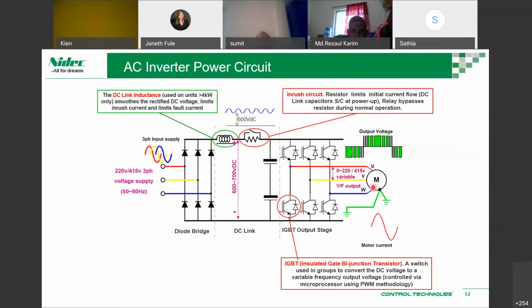But what you can do to make sure it's properly running is use an oscilloscope. You can use an oscilloscope to measure and check that you get these supplies on UVW, then you know your output bridge is good, and when you connect the motor, you can be sure the motor will run.